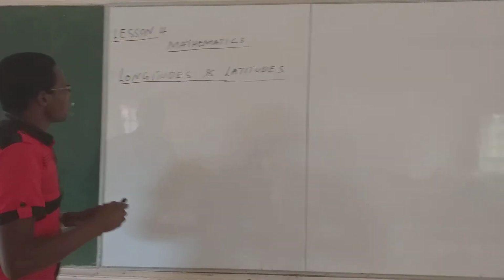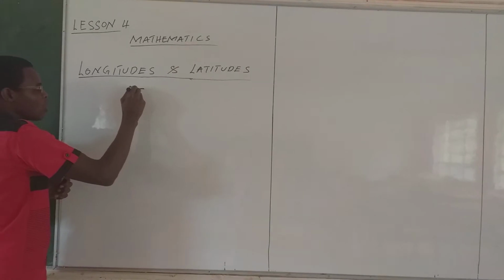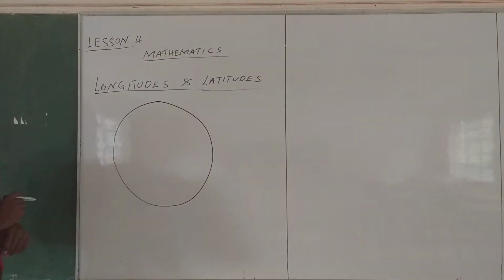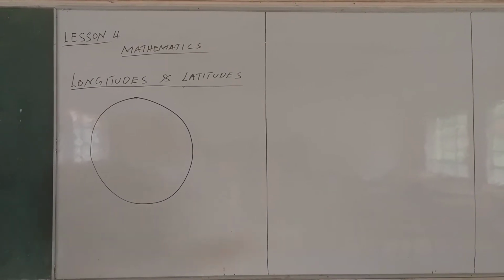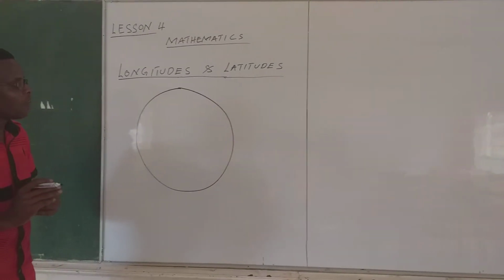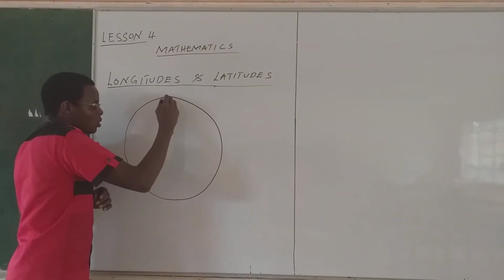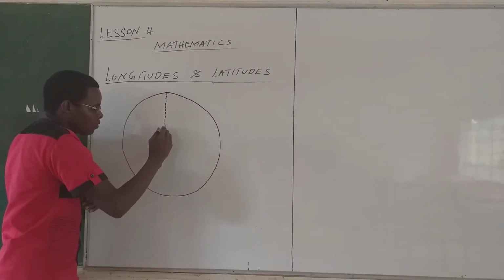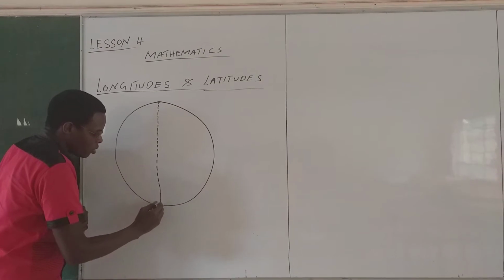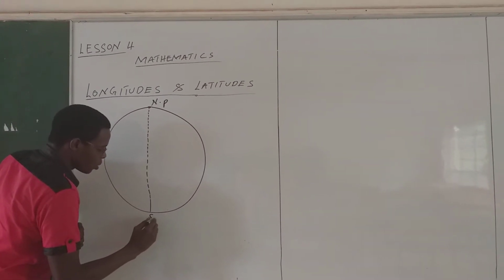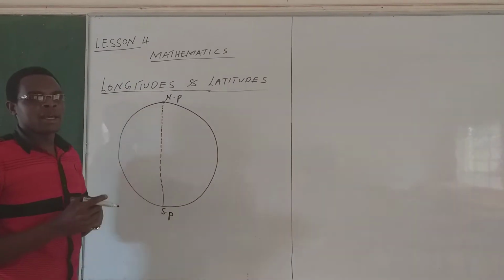Now, I'm just imagining that what we have here is the globe of the earth. I'm trying to draw what we have here on the board. So we have the line running from the north pole to the south pole, and we call this line the prime meridian.